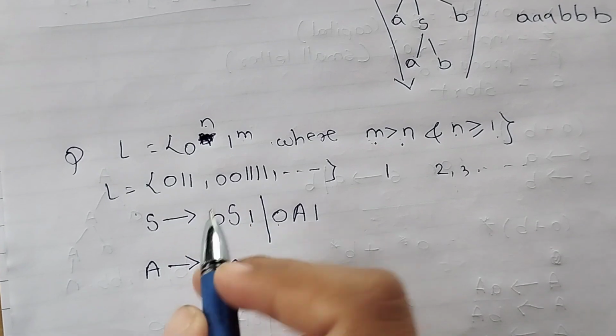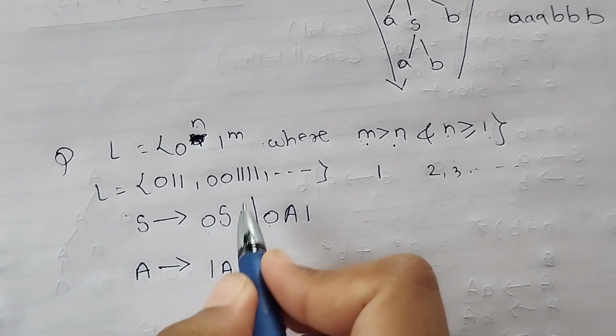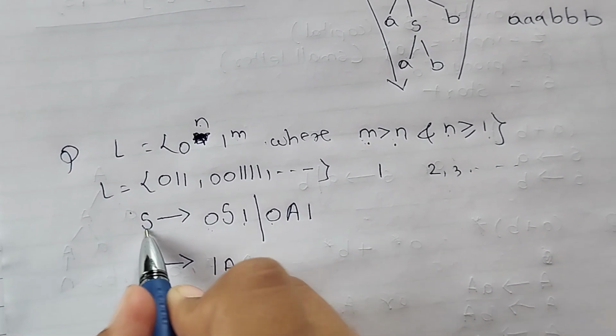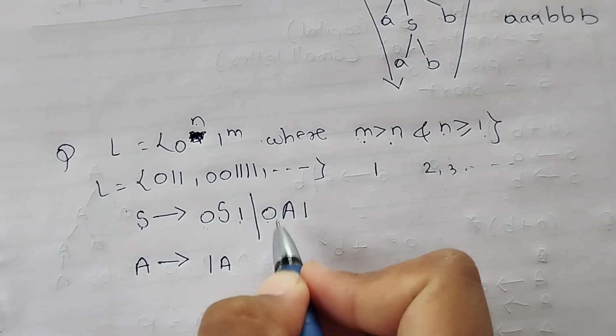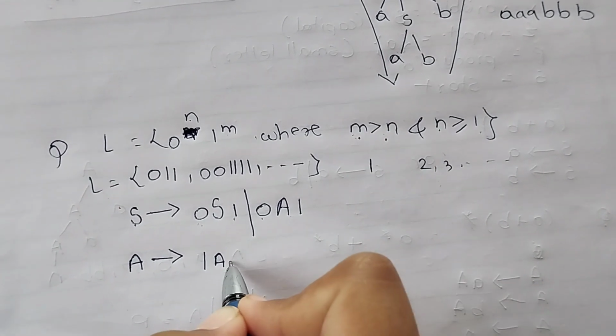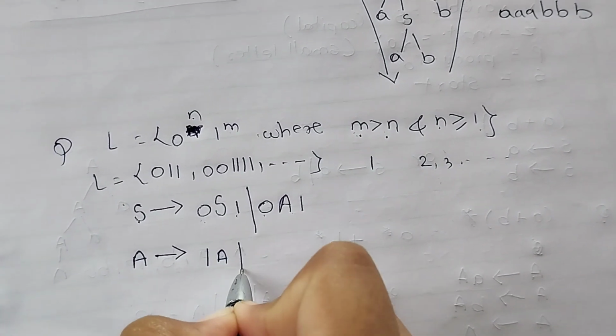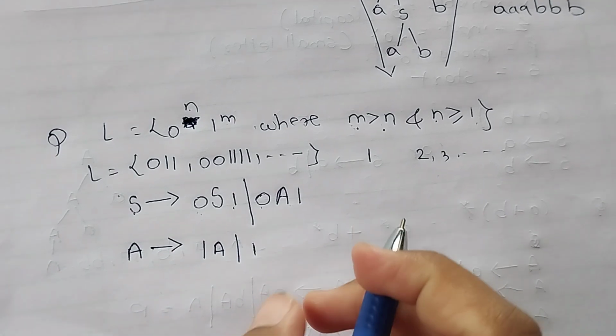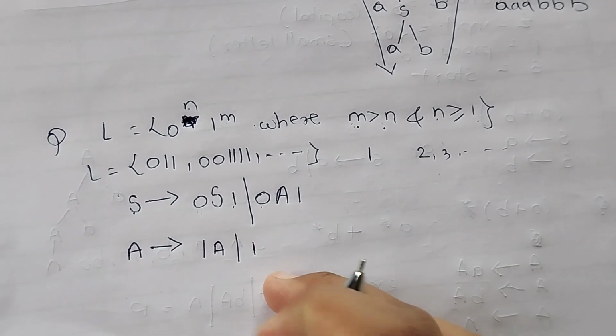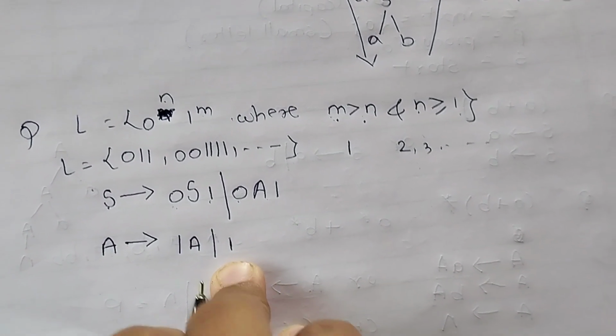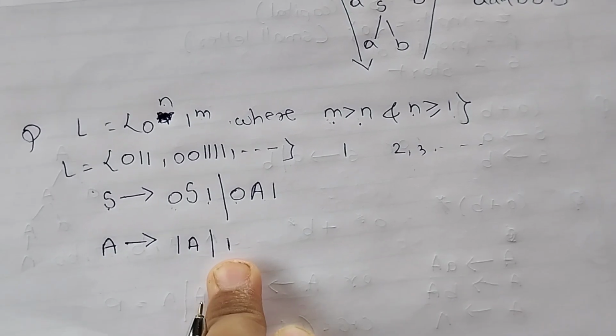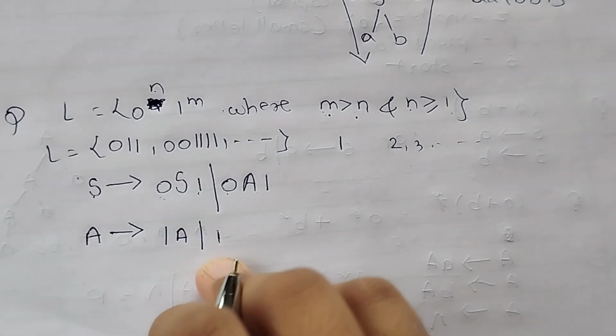If we want n number of 0s, we repeatedly call this S. But if we want to repeatedly call this 1, for that we write 1A or simply 1, because when we want to stop the production, it stops at this position 1. So this is the final.